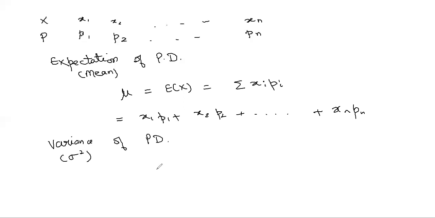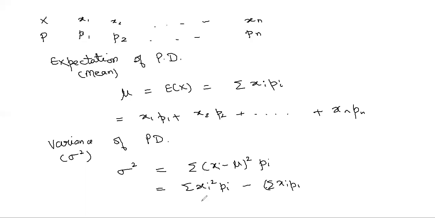So sigma square of x is the sum of xi minus mu square with the corresponding probability, and it can be easily verified that this is equal to the sum of xi square times pi minus the square of the summation of xi pi, or it can also be written as sum of xi square times pi minus mean square, because this part is actually equal to the mean of the PD.